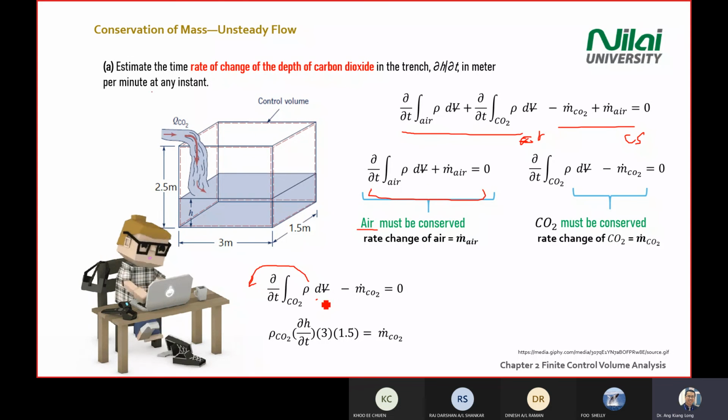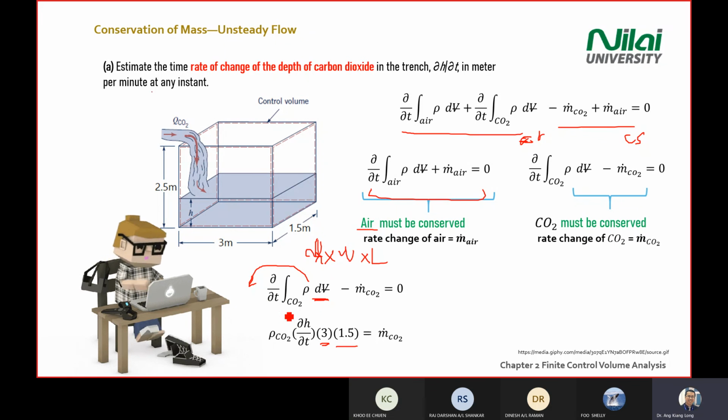How you find the volume dV is that V equals height times width times length. Width and length we know, height we do not know, so we take dH times W L, 3 times 1.5 here.